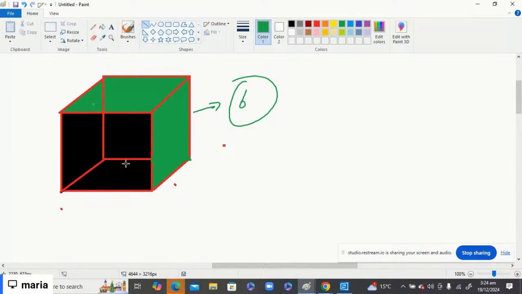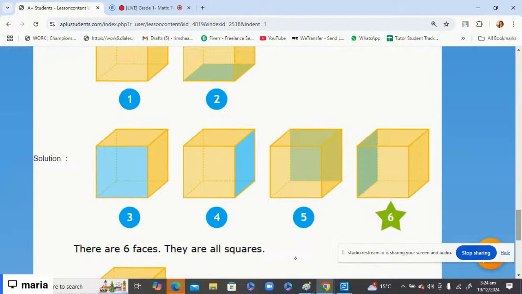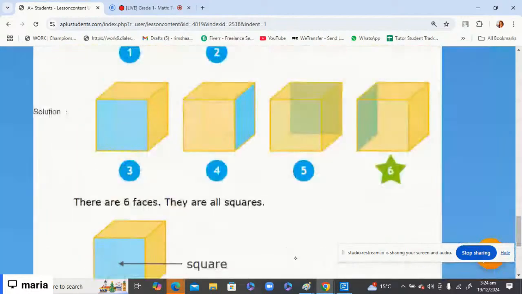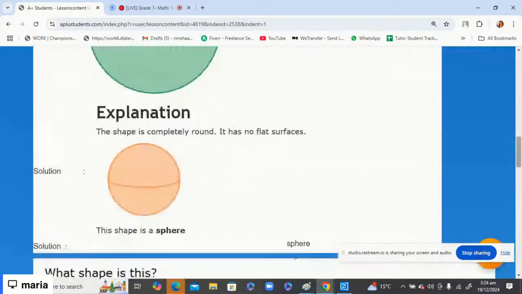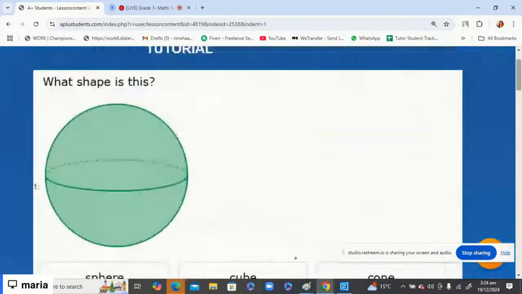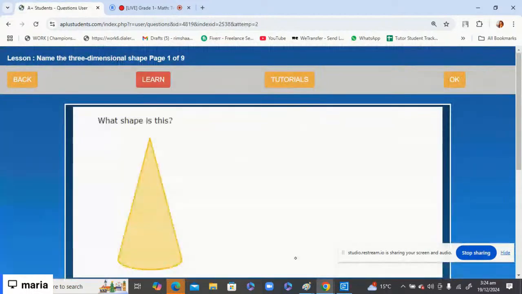These are the total 6 shapes of this. Six sides, six faces. So how many faces does the cube have? Six faces. And the sphere is completely a round shape. Now let's continue the test.